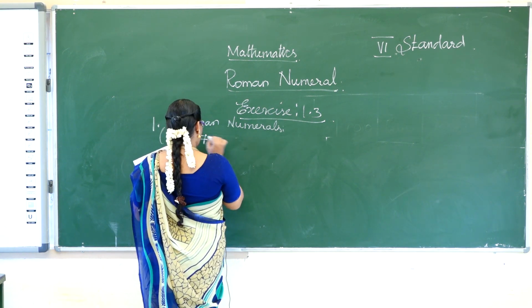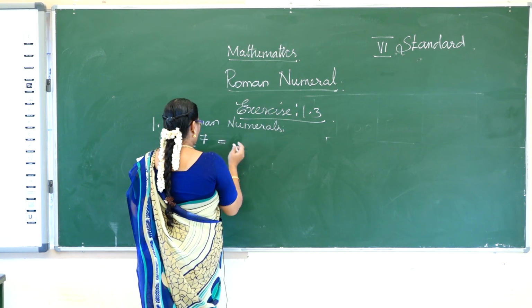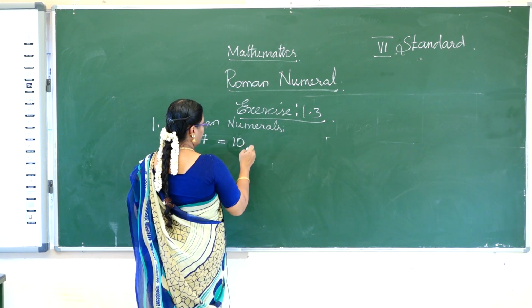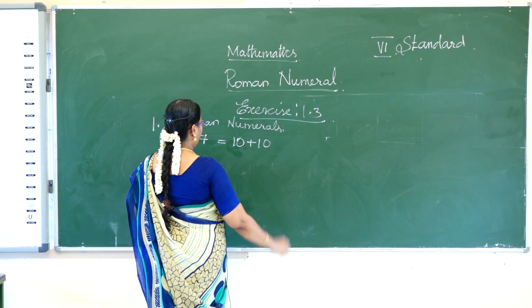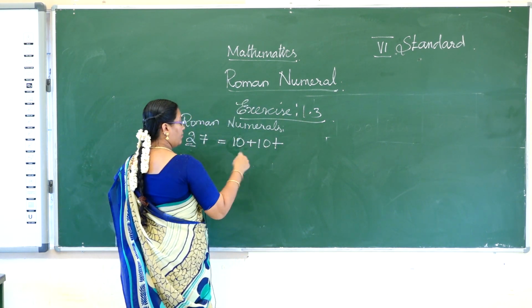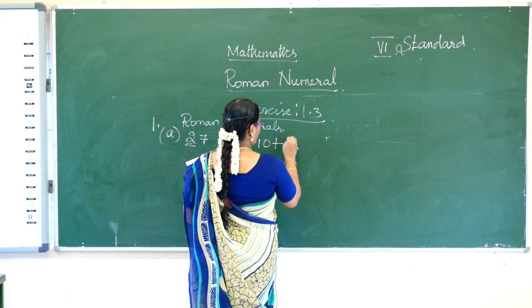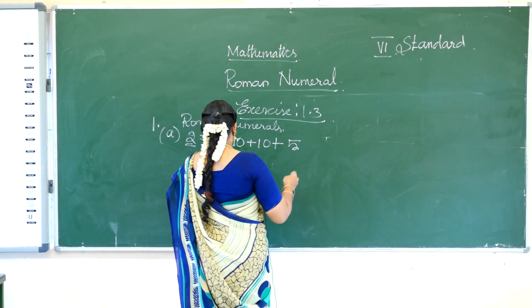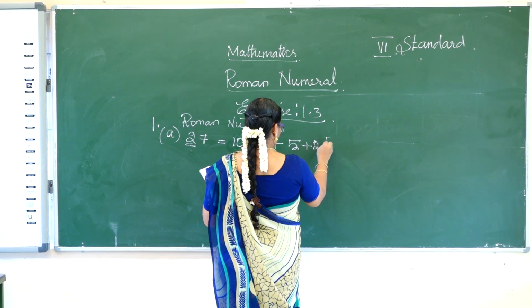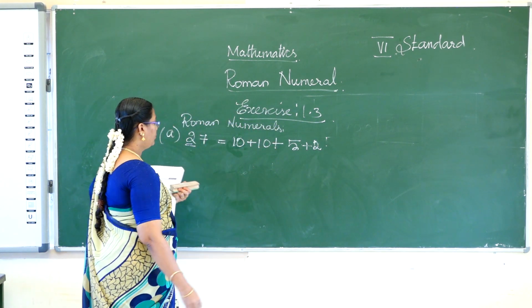Split form means write in expanded form. 27 is written as 10 plus 10 plus 7, and 7 can be written as 5 plus 2.